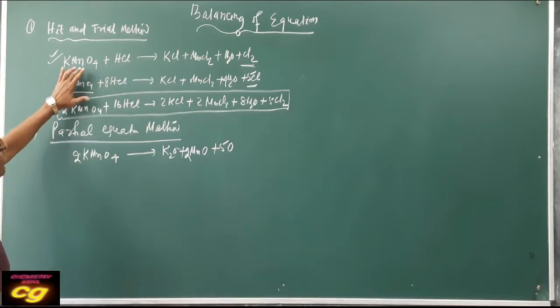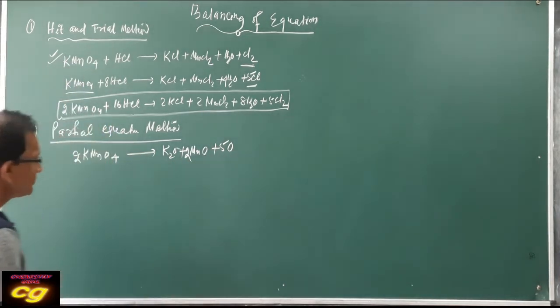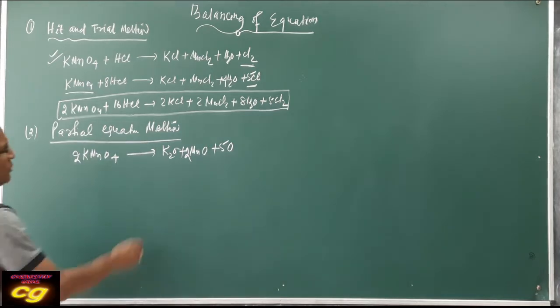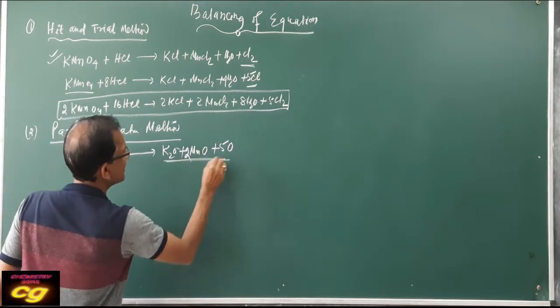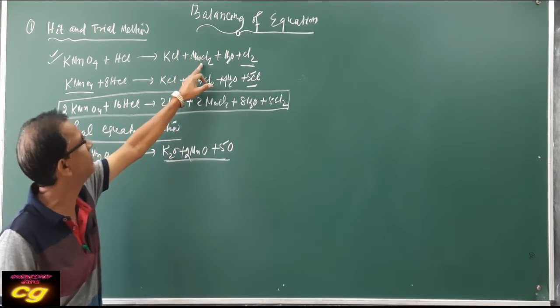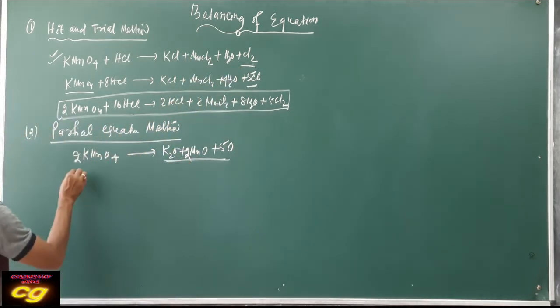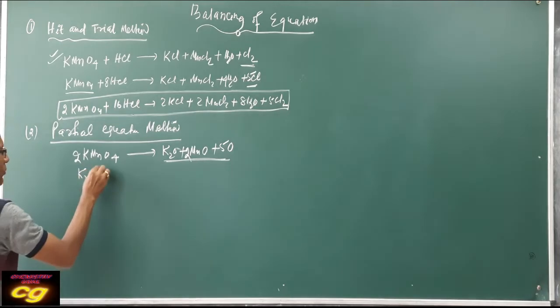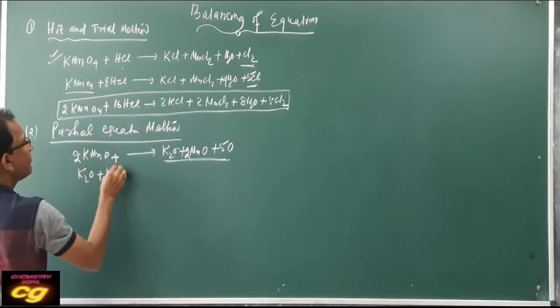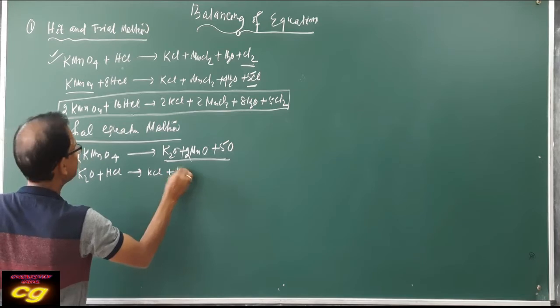So the bigger compound will be broken down into smaller ones. Okay, then what happens? These are not necessary as products, because the products contain KCl, MnCl2, water and Cl2. So these are not required. So you have to write this K2O plus HCl, that will be KCl plus water.